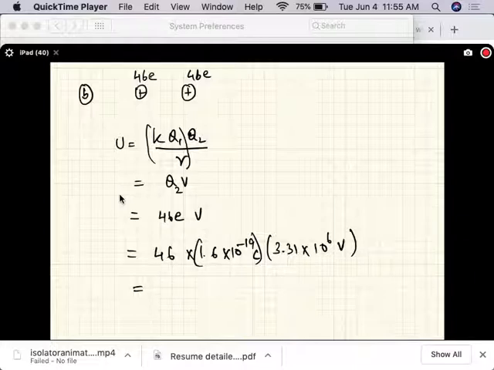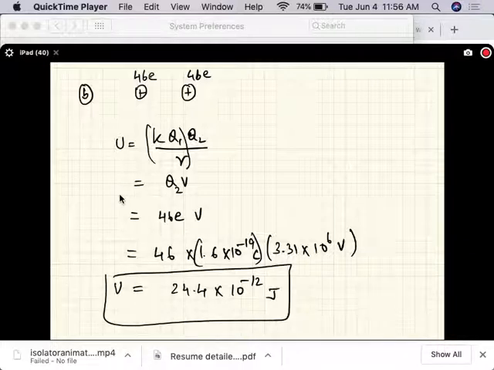And this works out to 24.4 times 10 to the minus 12 joules. That is the potential energy of those two fragments.